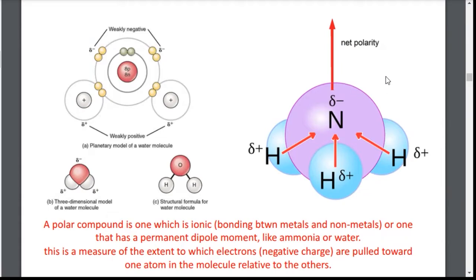Water has 2 hydrogen atoms, but ammonia has 3. Absolutely, well done. That's absolutely right. That was what I was looking for. Brilliant. So water has 3 particles altogether, 1 atom of oxygen and 2 atoms of hydrogen, and the ammonia has 3 atoms of hydrogen and 1 atom of nitrogen.